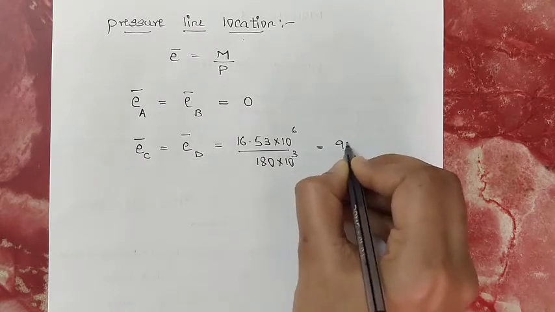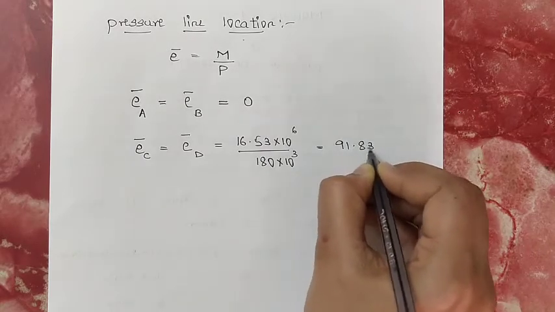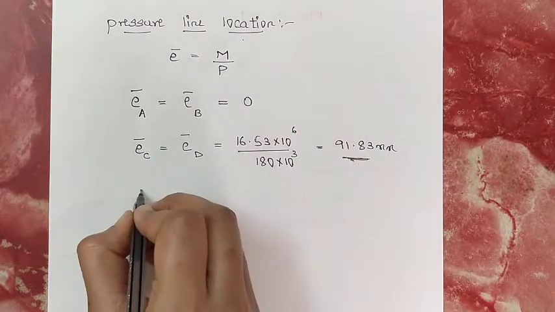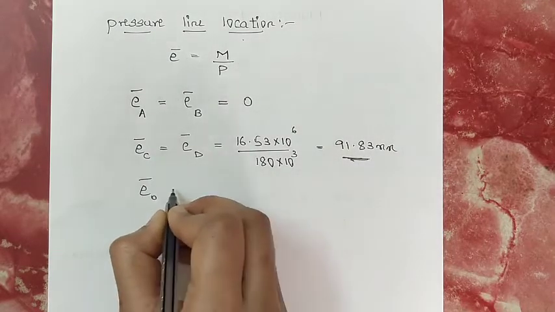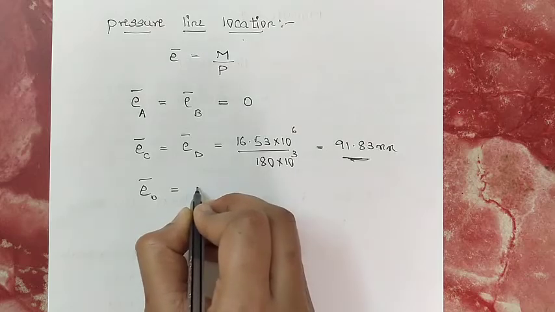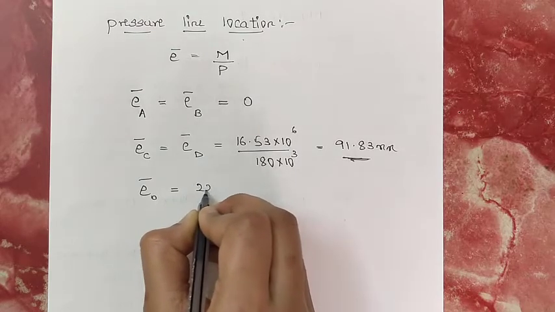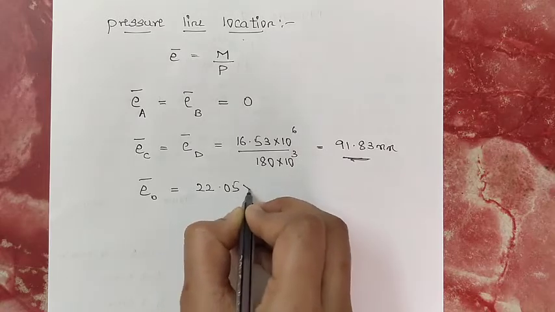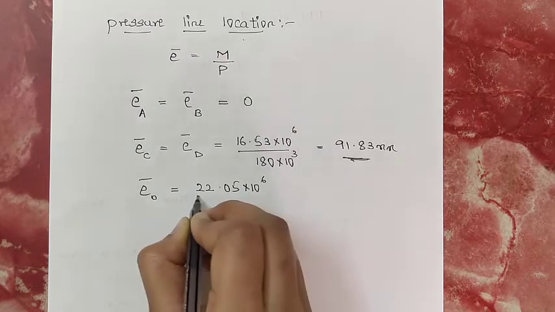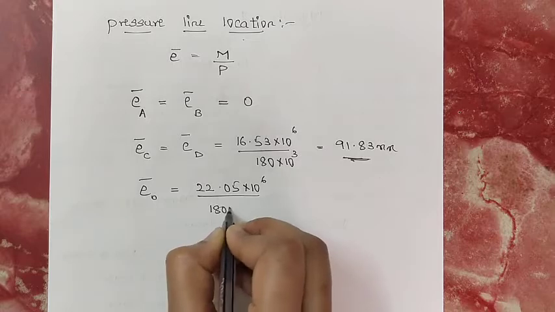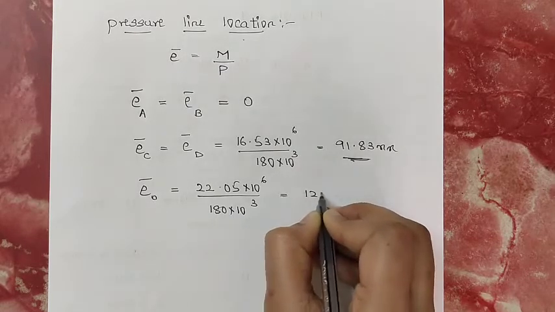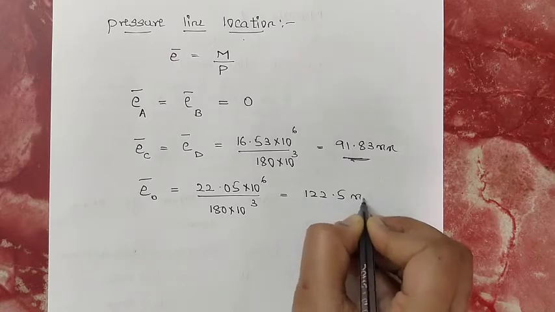You will get 91.83 mm. Similarly, calculate e dash at midpoint O, given by M by P. At midpoint the moment value is 22.05 into 10 to the power of 6 divided by 180 into 10 to the power of 3, and you will get 122.5 mm.